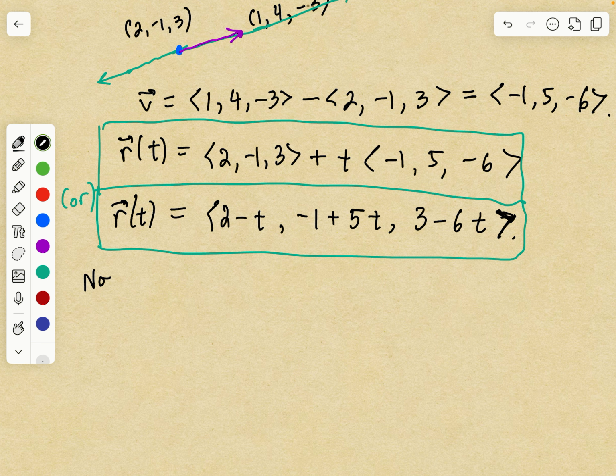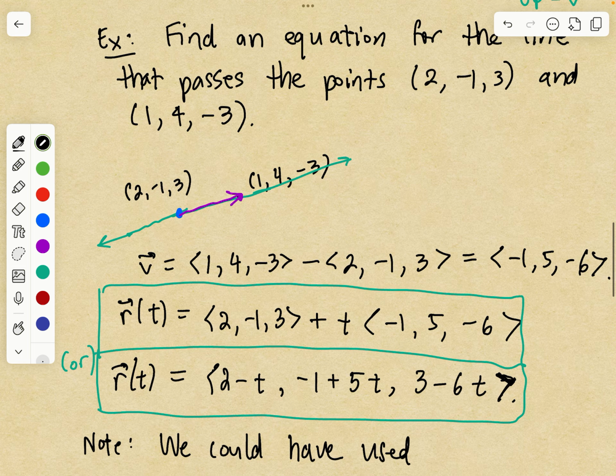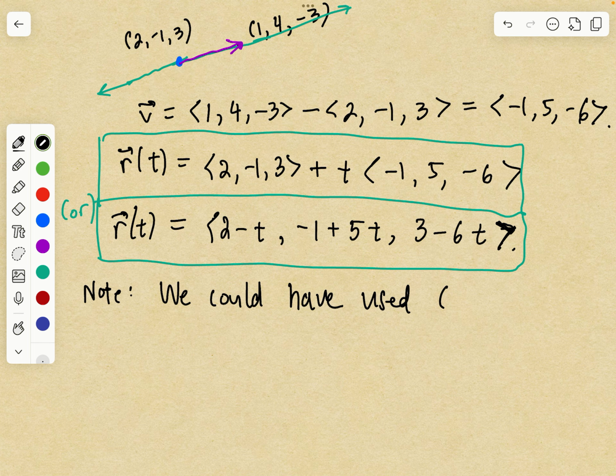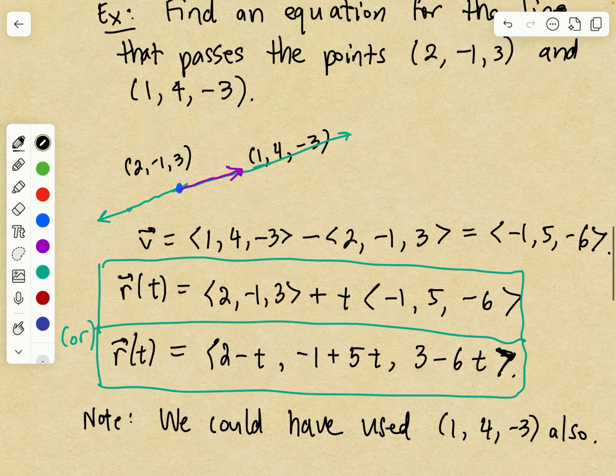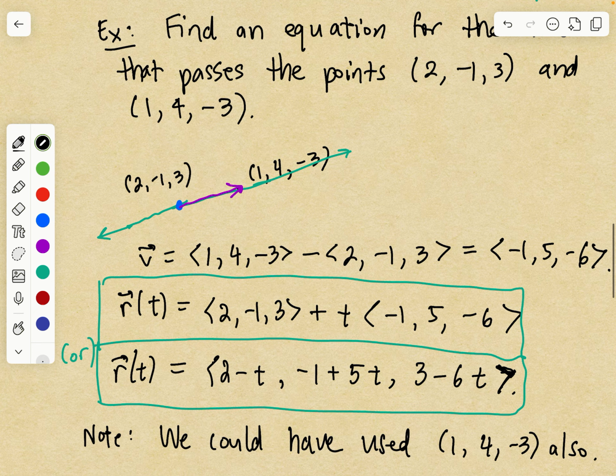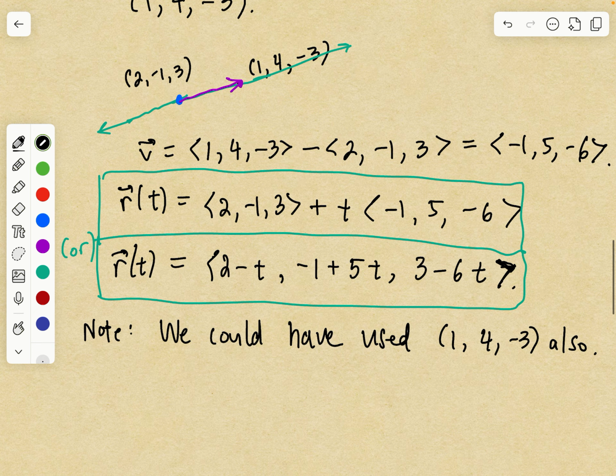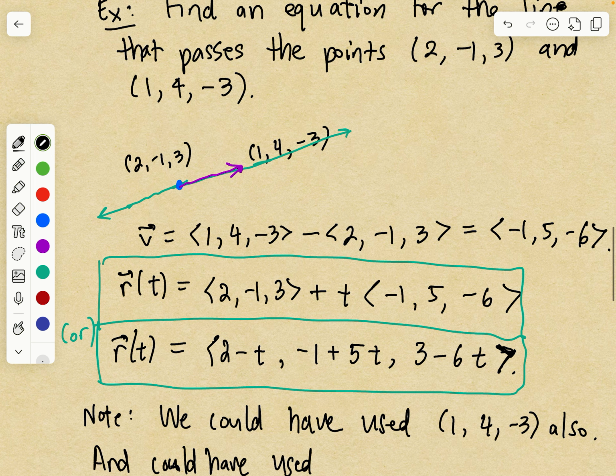And then an aside is we could have used 1, 4, negative 3 also. And not only that, but we could have used a different v. Okay, let's call this point P and let's call this point Q.